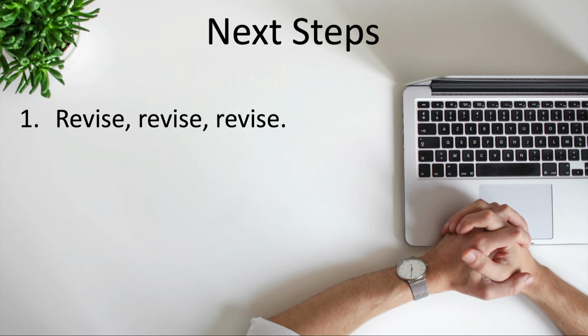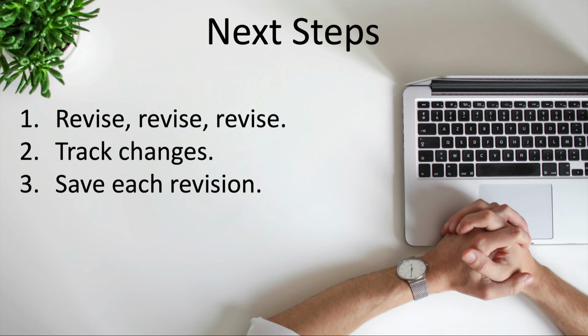Once you have an initial draft, you will need to revise. You will likely have to make several revisions before it's ready to submit. Ask co-authors to use the Track Changes option in Word to make edits or comments. I recommend saving each revision as a separate document in case you need to refer to an earlier version.